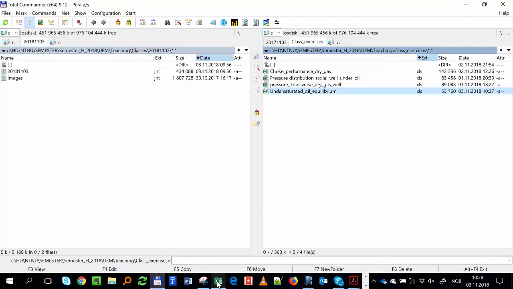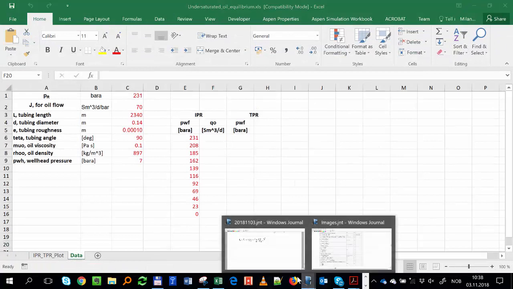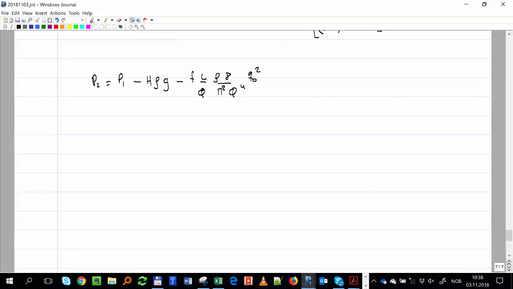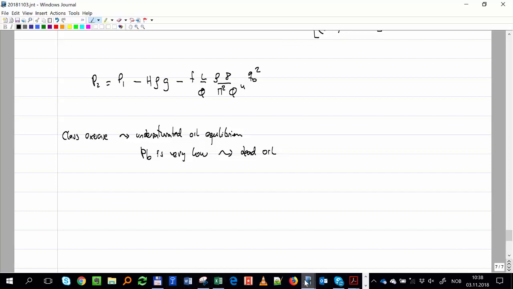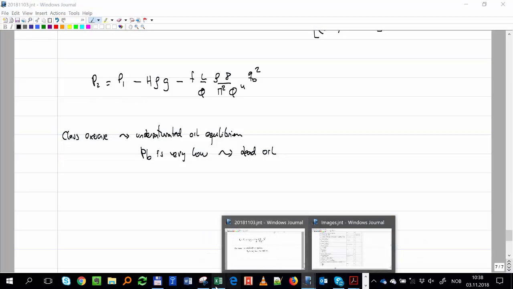In this exercise, there is a dead oil, and the bubble point pressure is very low, so it's almost like a dead oil. This happens usually in very heavy oil reservoirs that you probably don't have here in Mozambique.